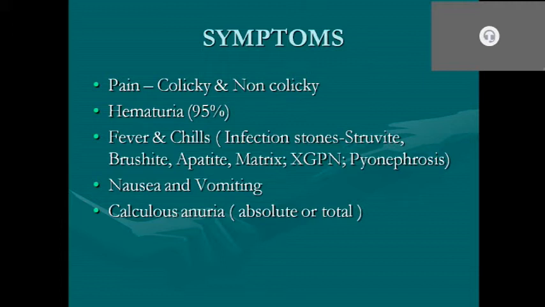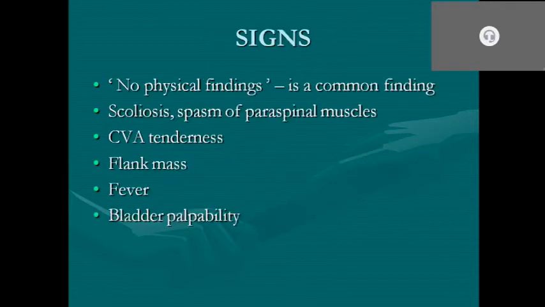In that case, when there is an obstructing stone, there can be anuria, which is a very dreadful condition, and if you don't address it in time, it can eventually lead to death, chronic kidney disease and long-term dialysis dependence.